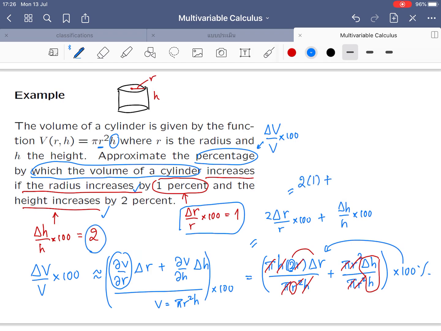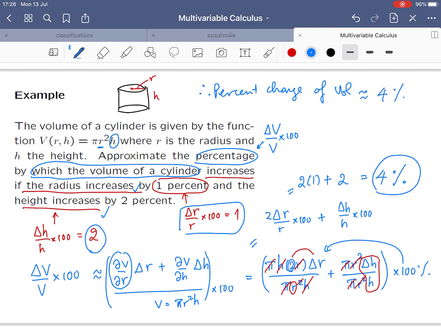This one, delta h over h with 100, you get a 2, so it is 4%. So it means that the percent change of the volume is about 4% if your radius increased by 1% and your height increased by 2%. This is the effect.